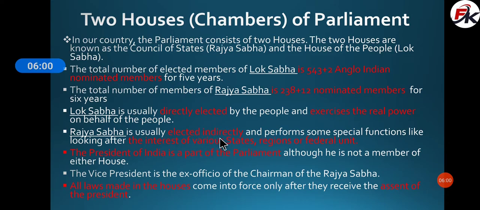Elected indirectly means these members of Rajya Sabha are elected by the elected members of the Legislative Assembly or the Vidhan Sabha of each state to the Rajya Sabha for 6 years.